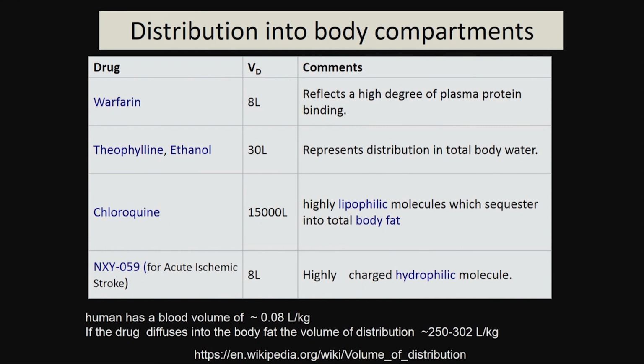This is taken from this particular reference. Okay, so this is a very interesting graph because it tells you liters per 70 kg or liters per kg, the volumes for different drugs. So warfarin, like I said, you can give even a small dosage, and C naught will be quite high because the volume is low.